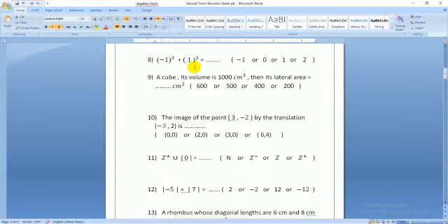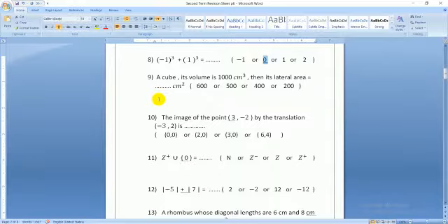If the power is even, it will fly the negative sign, but if the power is odd, it will keep the negative sign. It is a very important rule. So the answer will be negative 1 plus 1 equals 0.